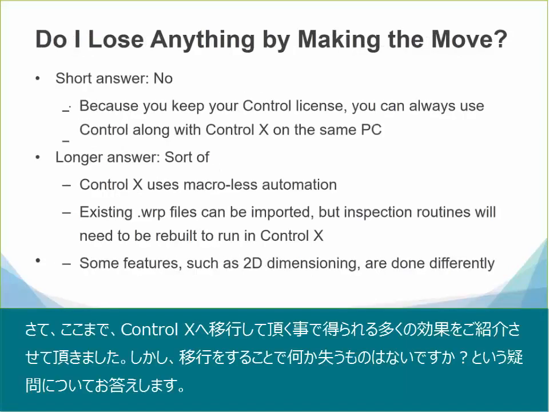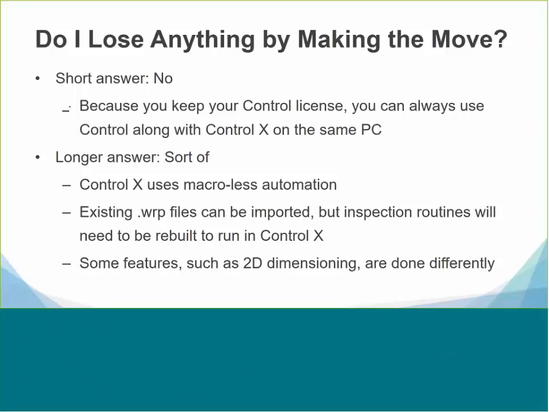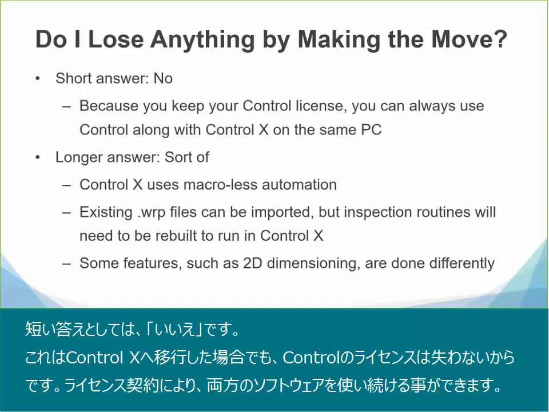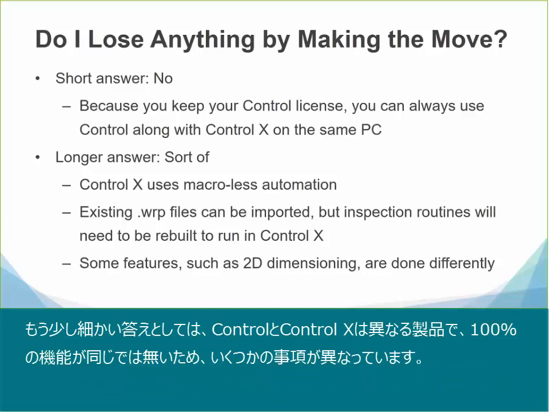All right. So it's clear that there are a bunch of new things that you get by moving to Control X, but do you lose anything by making the move? Well, the short answer is no, because you aren't giving up your Control license when you start using Control X. You get to keep both and can continue to use both per your licensing agreement. The longer answer is that Control X, being a different product than Control, does some things differently and doesn't have 100% functionality overlap with Control.